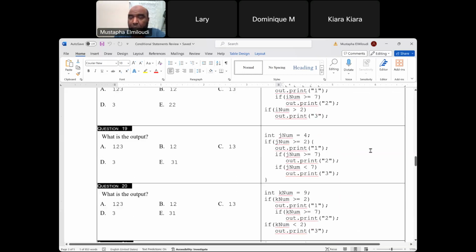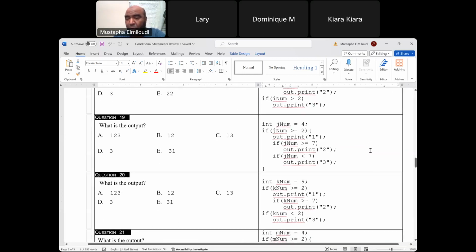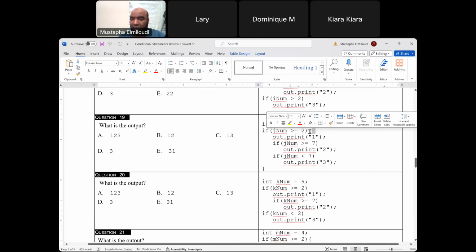Now I want you to pay attention to number 19. Look at the braces right here. Can you see this brace right here? This one right here, that's the beginning. What is the end? Is this, which means all of this is inside the main if statement, because the braces will decide which group it is.